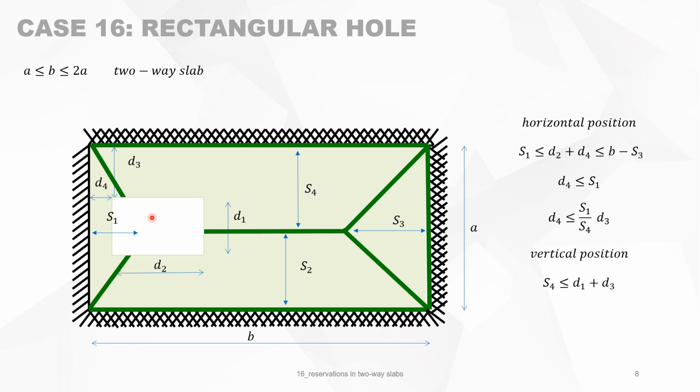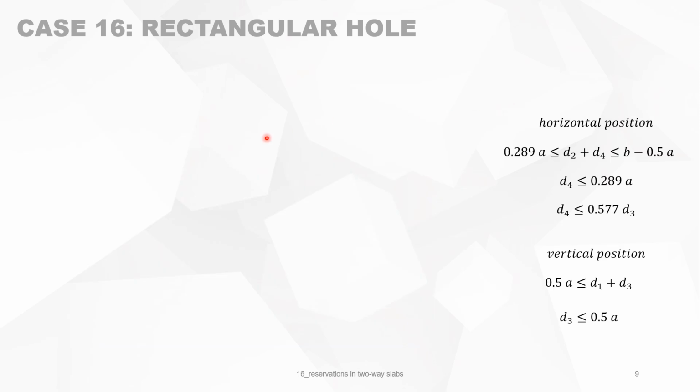And the vertical position, D1 plus D3 must be bigger than S4. So it means that this point of the reservation is below the horizontal yield line, and D3 is smaller than S4, so it means that this line of the reservation is above the horizontal yield line. These are just the limitations for the formulas that we will construct.